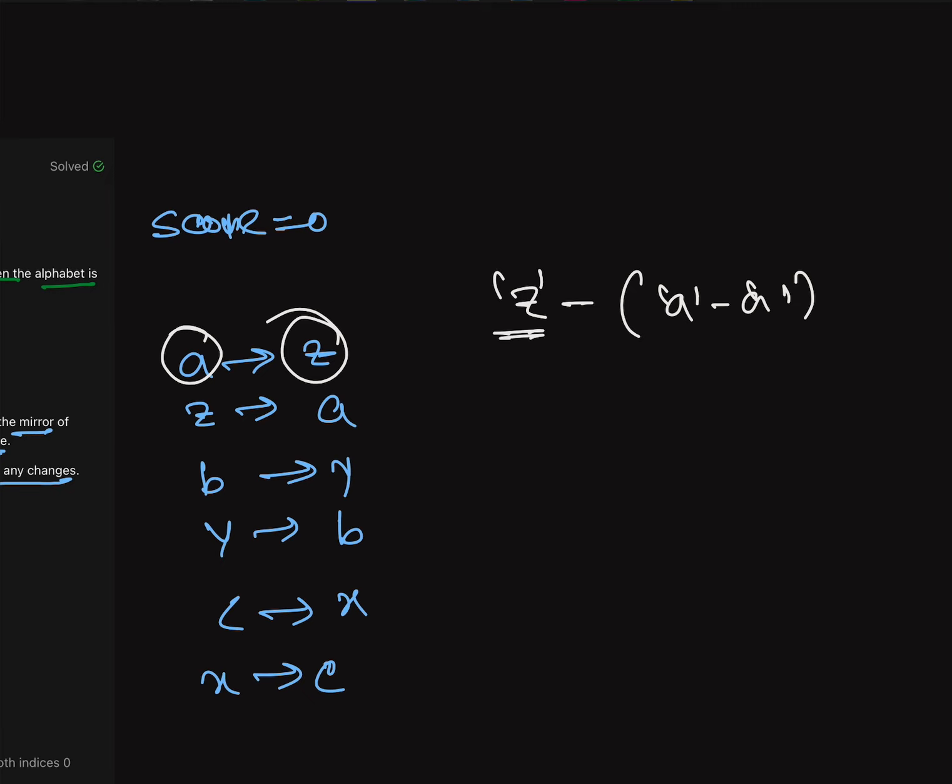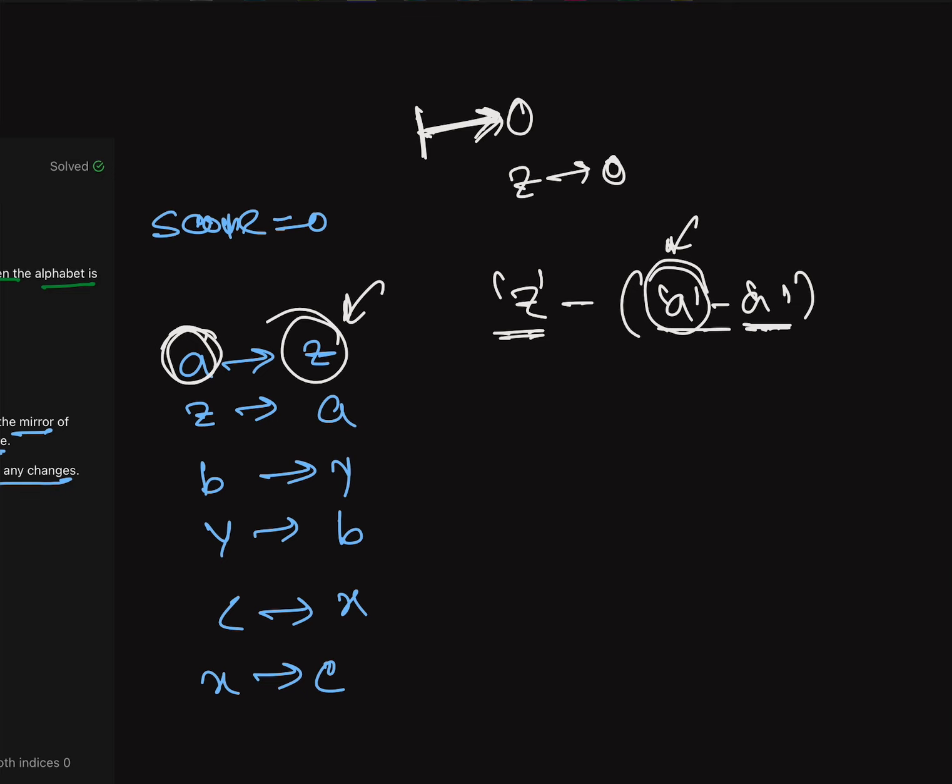We check the distance of the current character from A. If the current character is A, the distance from A is 0. From the right side, we have to give the mirror character, so from the right side we give the same distance.